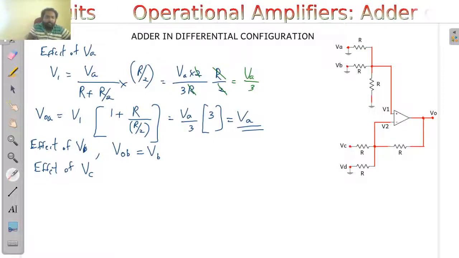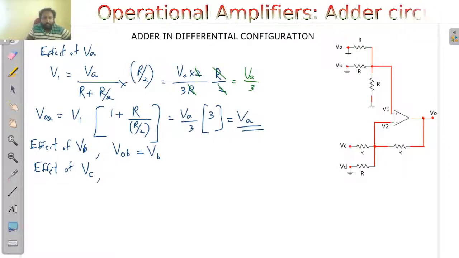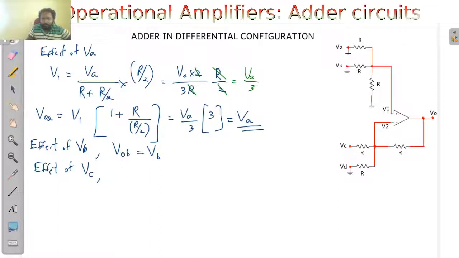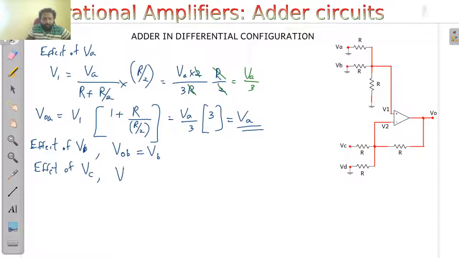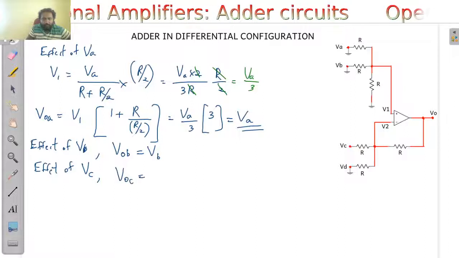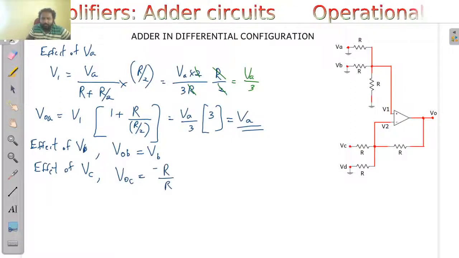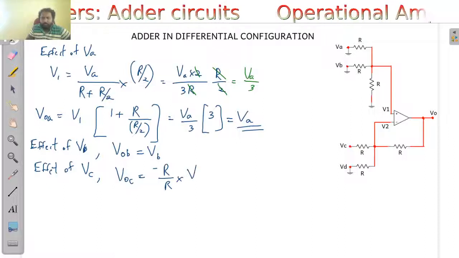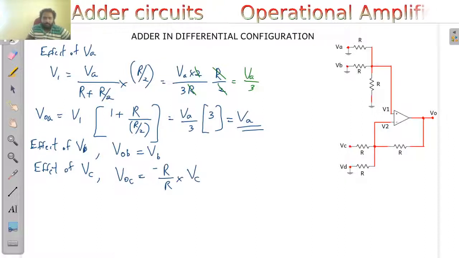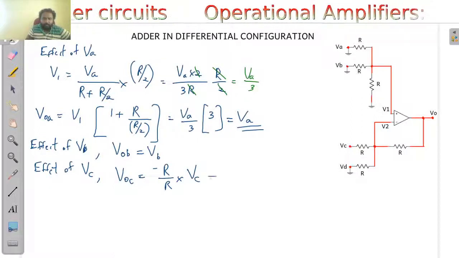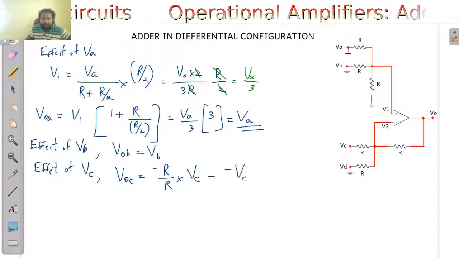So the effect of VC, your output VOC, is equal to minus R by R times VC. So that is your VOC equal to minus VC.